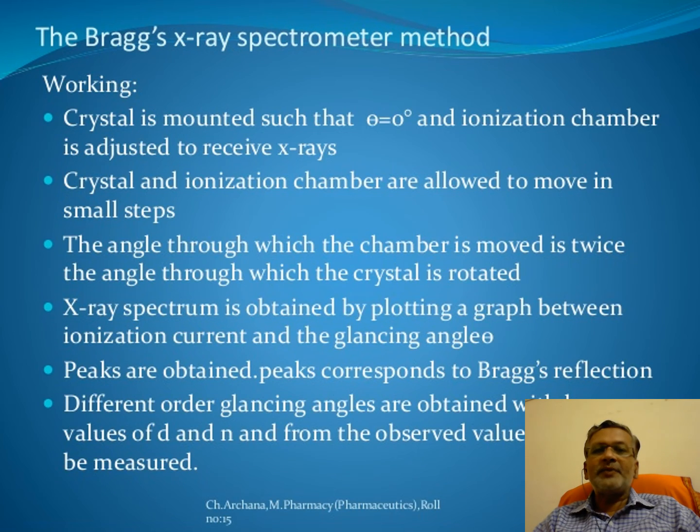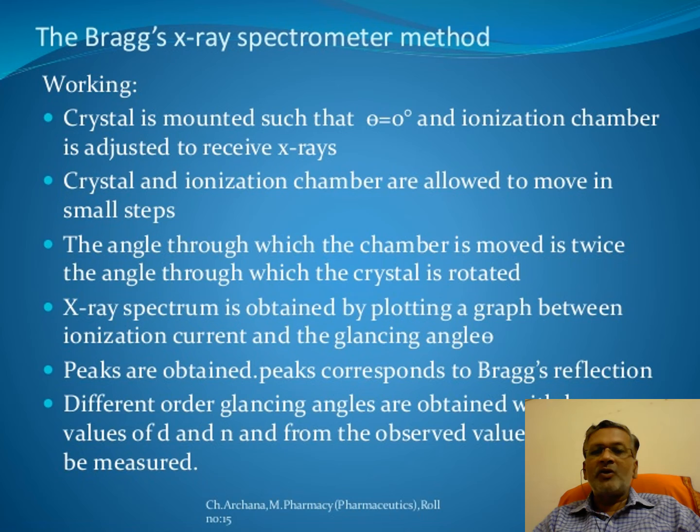Bragg's X-ray spectrometer method. The crystal is mounted such that theta is equal to 0 degrees and the ionization chamber is adjusted to receive X-rays. Crystal and ionization chamber are allowed to move in small steps. The angle through which the chamber is moved is twice the angle through which the crystal is rotated.